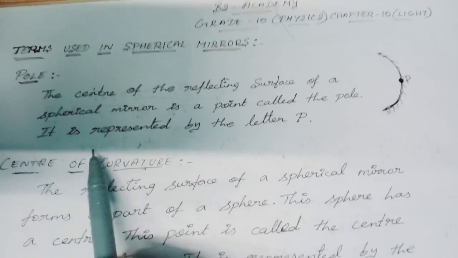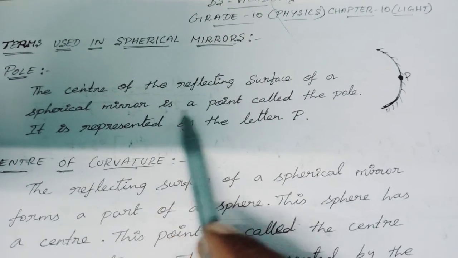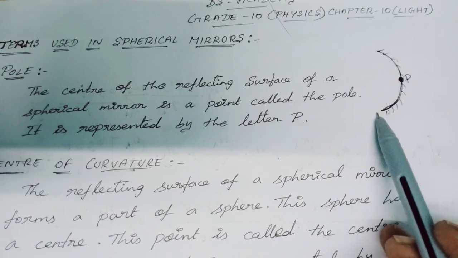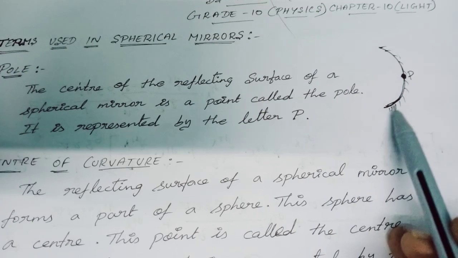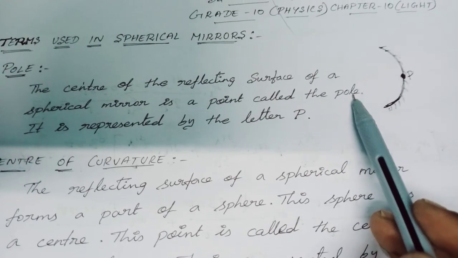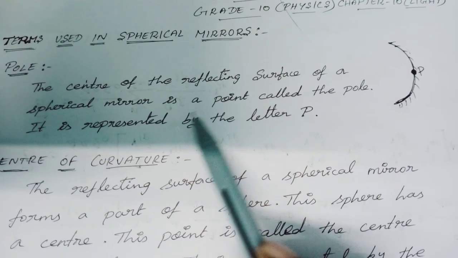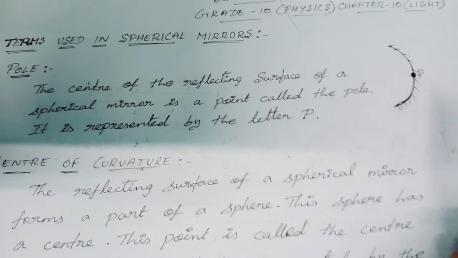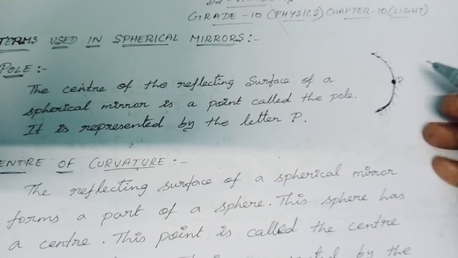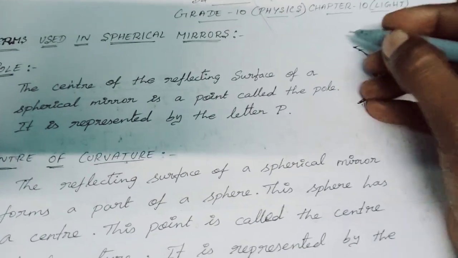Now see the definition: the center of the reflecting surface of a spherical mirror is a point called the pole, and it is represented by the letter P. Always remember, in the case of mirrors, the letter P represents the pole. This is for concave.